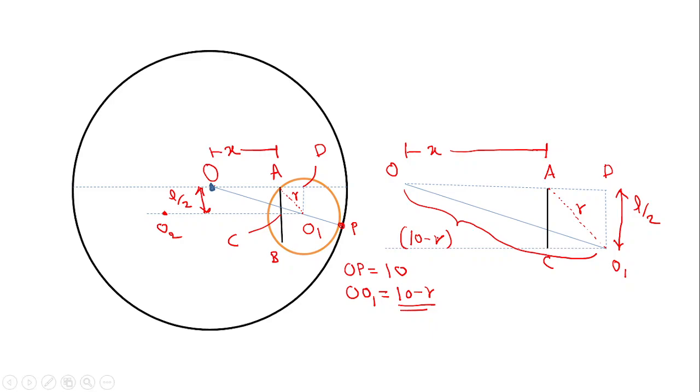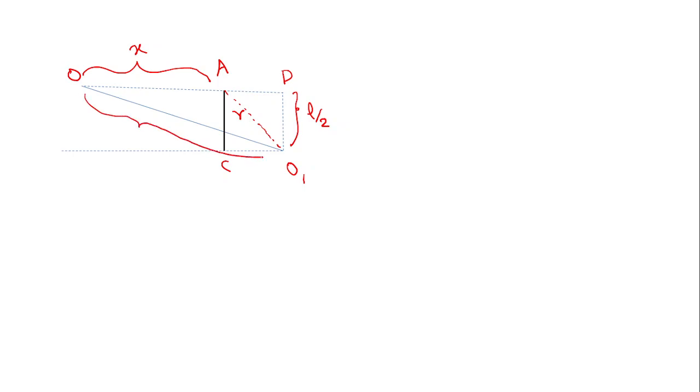Okay. So now let us apply the trigonometric equation. Again, same thing here: O, O1, A, C, D, and this one L by 2, and this one X, and O1A is R, and this one is 10 minus R. Now you see what will be AD?